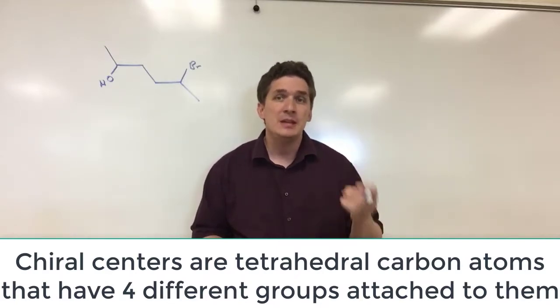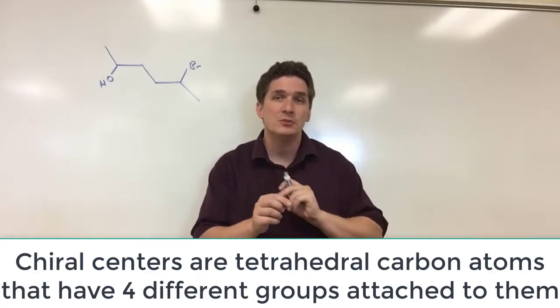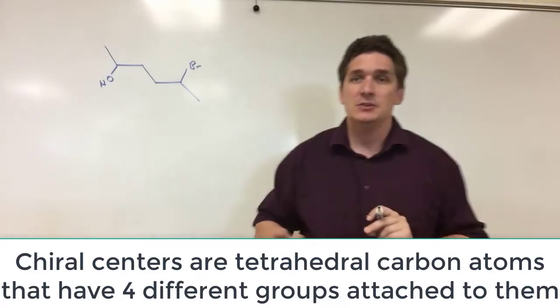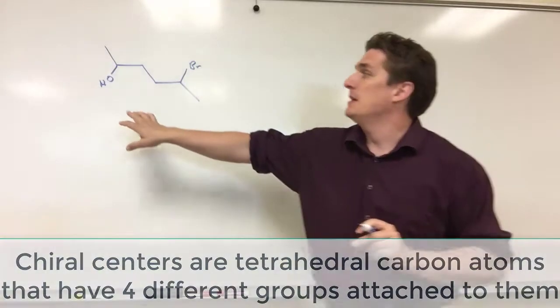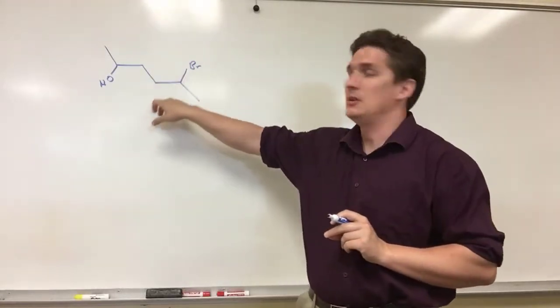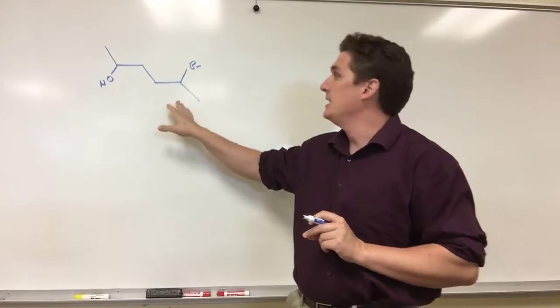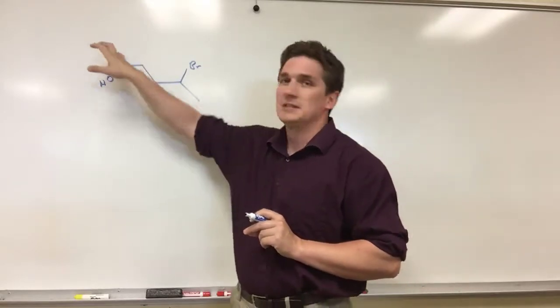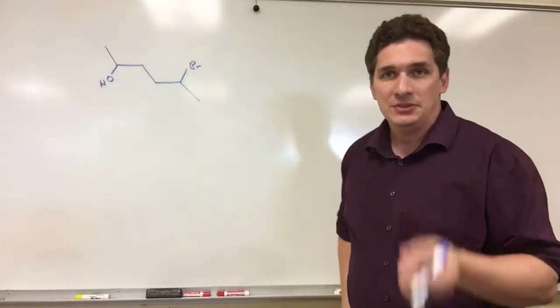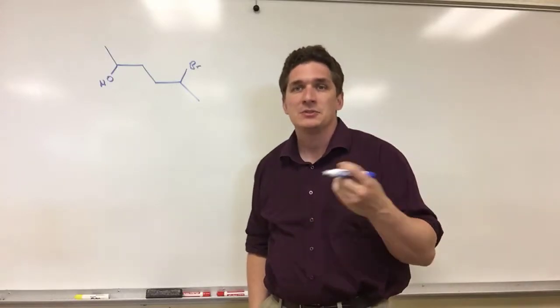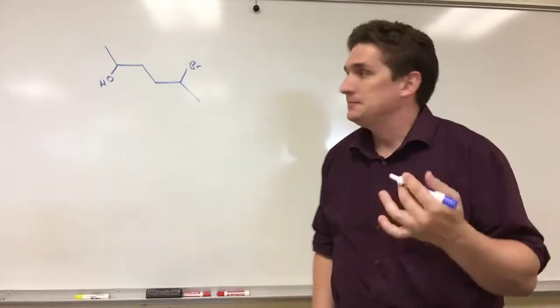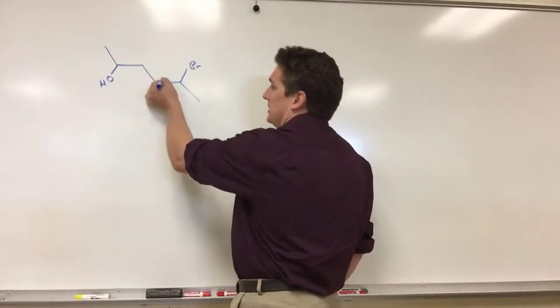Now, to be a chiral center, if we look at the carbon atom, it has to have 4 unique groups connected to it. So if I look at this drawing here, I have a hydroxide, an OH group, an alcohol, a bromine, and I've got a 6-carbon hexene chain. Certain carbons in this compound are chiral, certain carbons are not. So let's start with this carbon here.